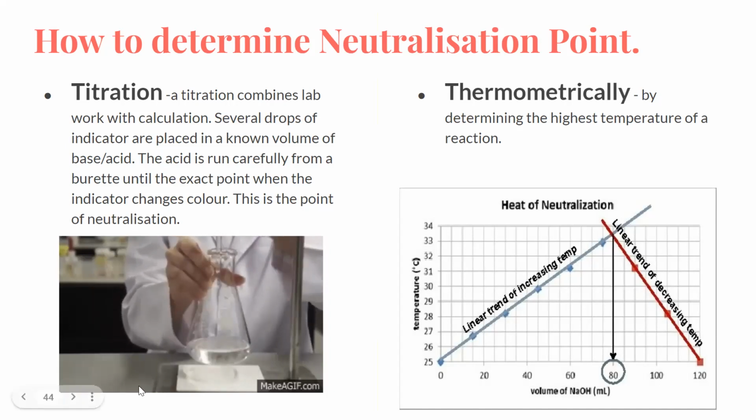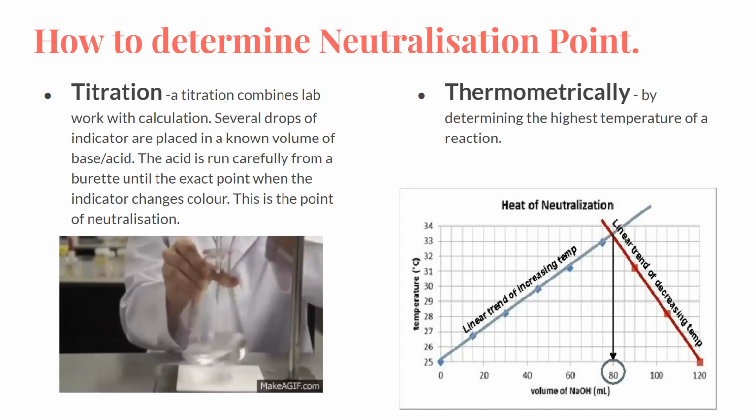So remember, the indicator was clear in the acid all the time. At the point where it changes color, at that exact point, that is when the neutralization of the acid and the base happens. And it's very important to know that.